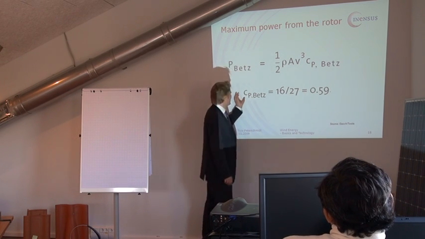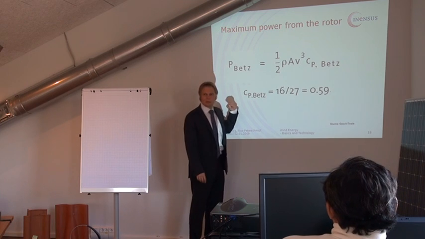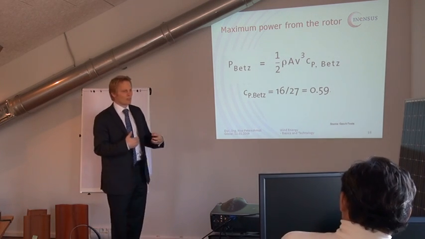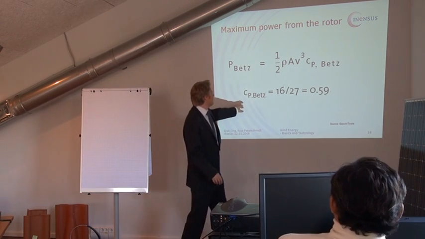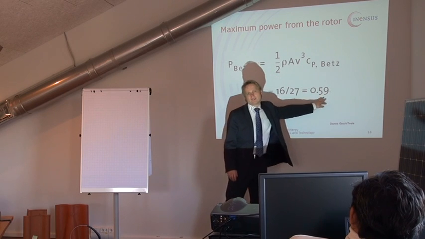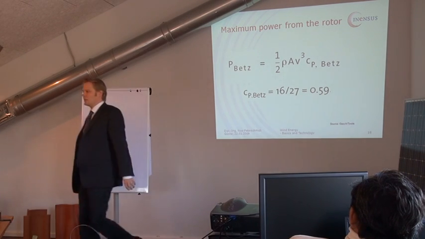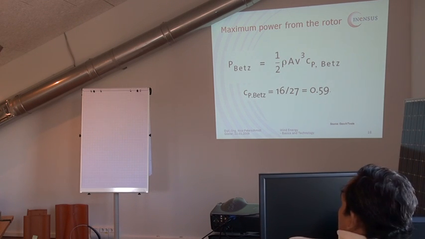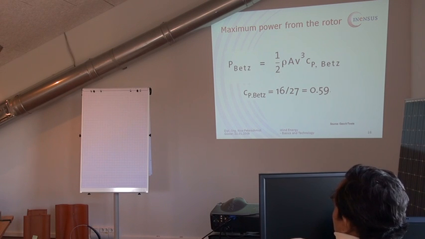And then there is the thermodynamic maximum of what you could harvest from the wind, and that is the Betz factor. This is approximately 0.59. So that is the theoretical maximum you could get out of the wind power. Typical wind turbines have maximum efficiencies of 43%.